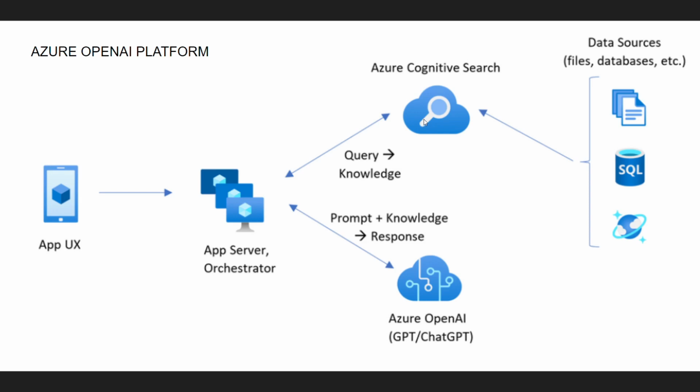Azure Cognitive Search uses that question or query and searches different indexes, tokens, and keywords in the organization data. It creates a list of these keywords or tokens, and then it uses this list along with the original query and passes it to the Azure OpenAI platform.